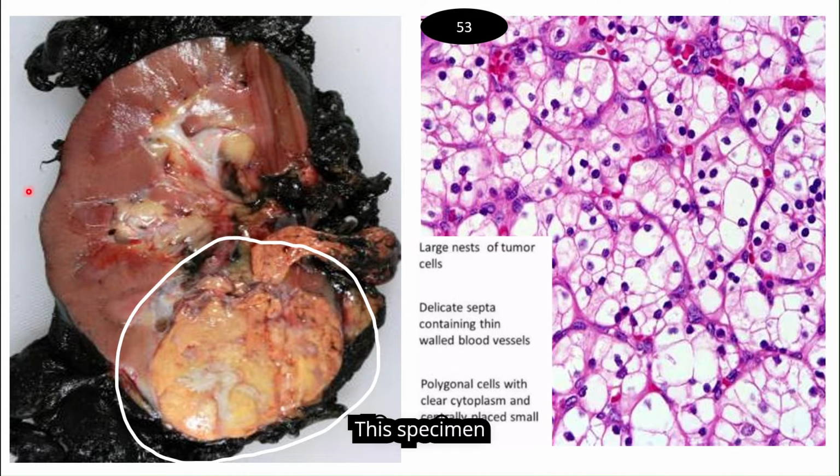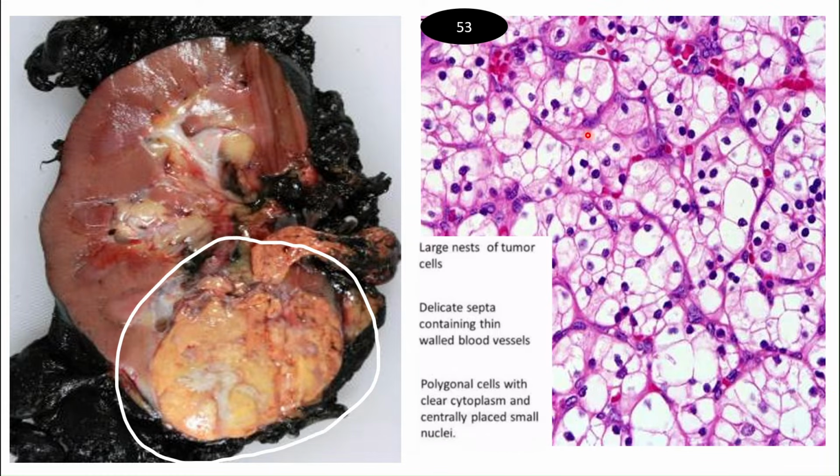This specimen of kidney shows some abnormality at the lower pole. So this is the homogeneous grey-white nodular growth in the kidney. In microscopic view, this shows large nests of tumor and delicate septa containing thin blood vessels.